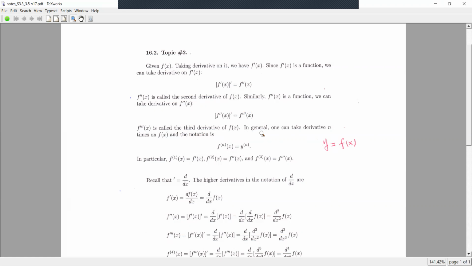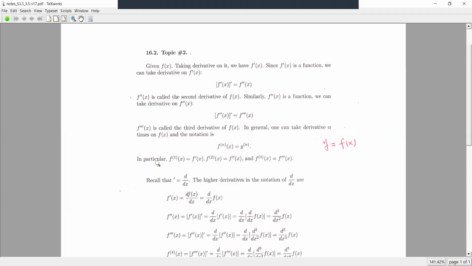In general, we can take the derivative n times on a function, and the notation is this. Because y is equal to f of x, this notation is equal to this notation.